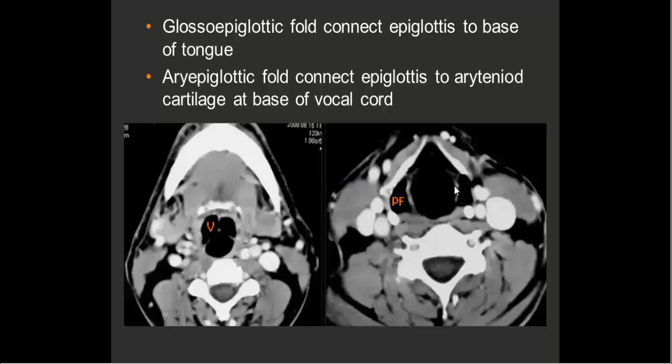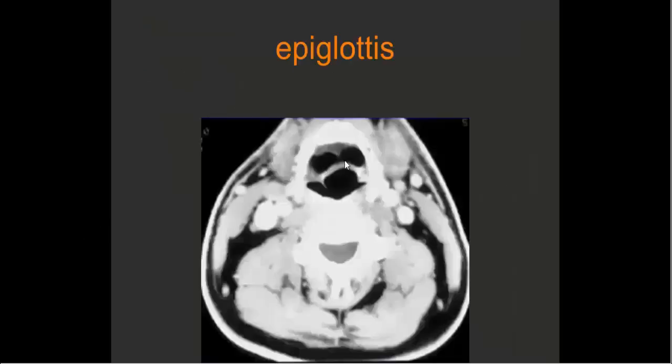The aryepiglottic fold connects the epiglottis to the arytenoid cartilage at the base of the vocal cord. It divides the airway into the central airway and, on both sides, the piriform fossa. Again, this is epiglottis, glossoepiglottic fold, and vallecula on both sides.